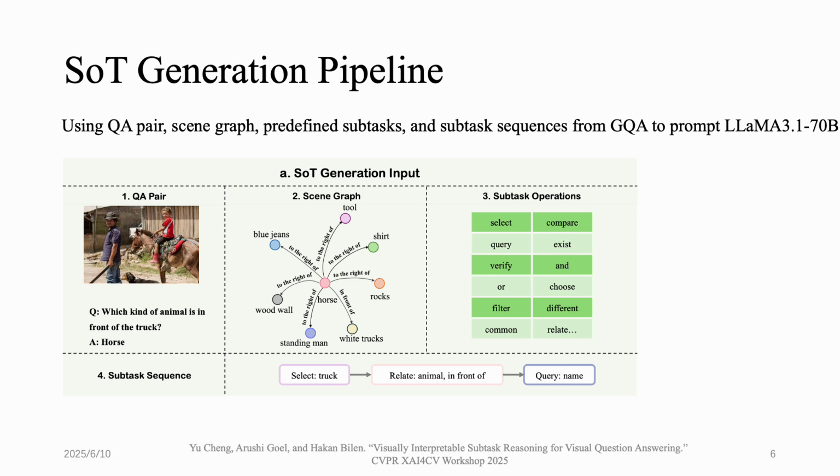First, the problem here is how to get the subtask of thought dataset for the next step, training. Given the QA pair and scene graph, which provides object relationships in an image, and predefined subtasks and sequences from GQA like this, we prompt Llama 3.1 70 billion to generate subtask of thought based on in-context learning.